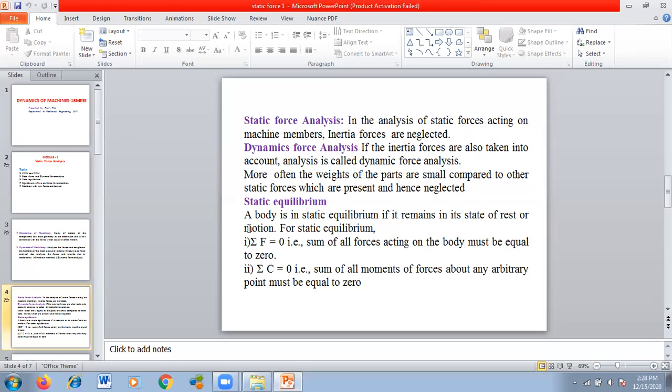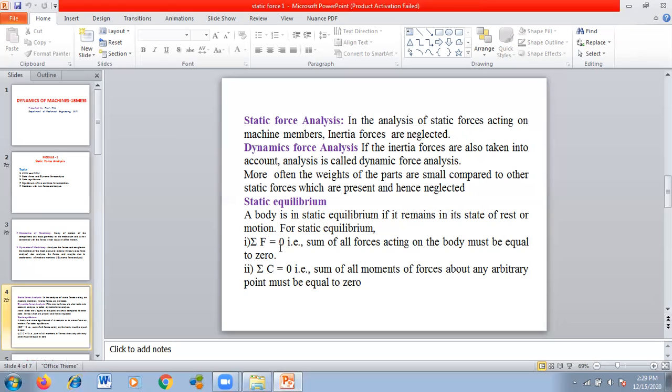There are two conditions. The first condition is that if the body remains in a state of rest or motion, the summation of all the forces acting on the body must be equal to zero. Either inertia forces, centrifugal forces, frictional forces, all the forces acting on the machine member or mechanism being analyzed must sum to zero.